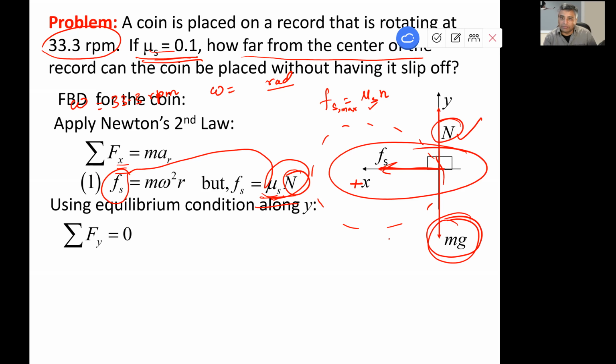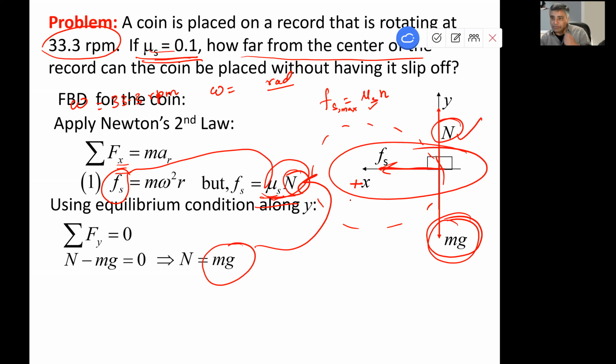It's only the normal force that's balancing the mg. Those are the only forces along the vertical direction. Another way to write it: n minus mg equals 0, so n equals mg. So I can replace this n here, because I don't know n either. Let's write mg. We know g. M is not given here, but usually in this kind of situation, mass cancels.